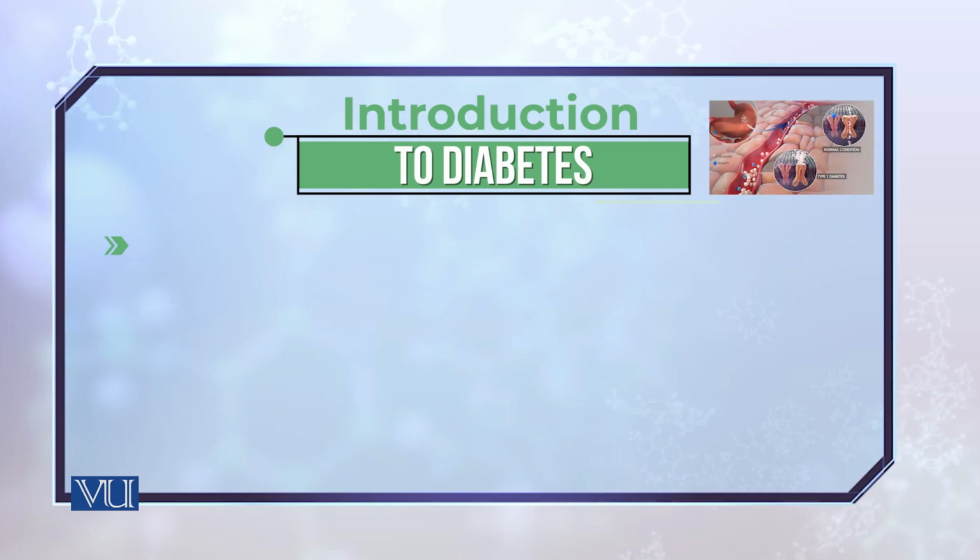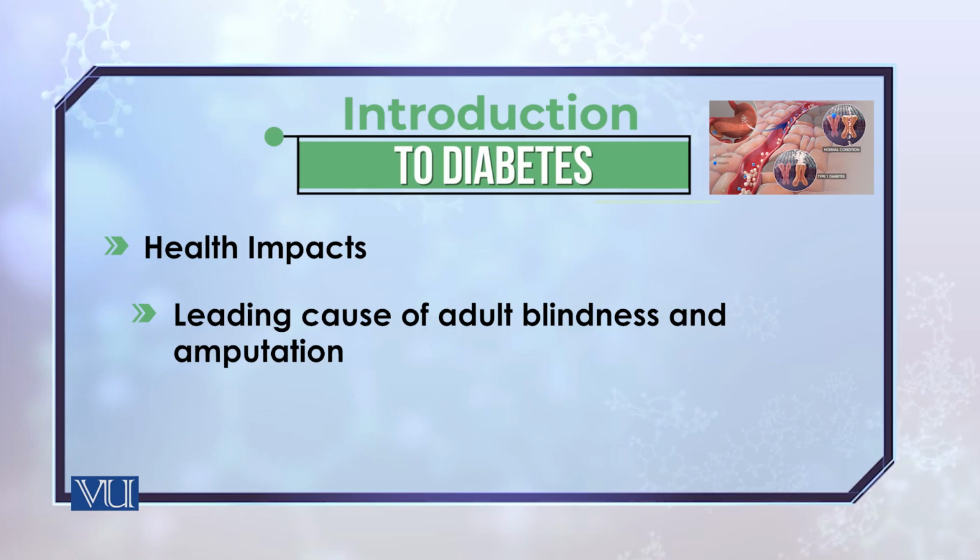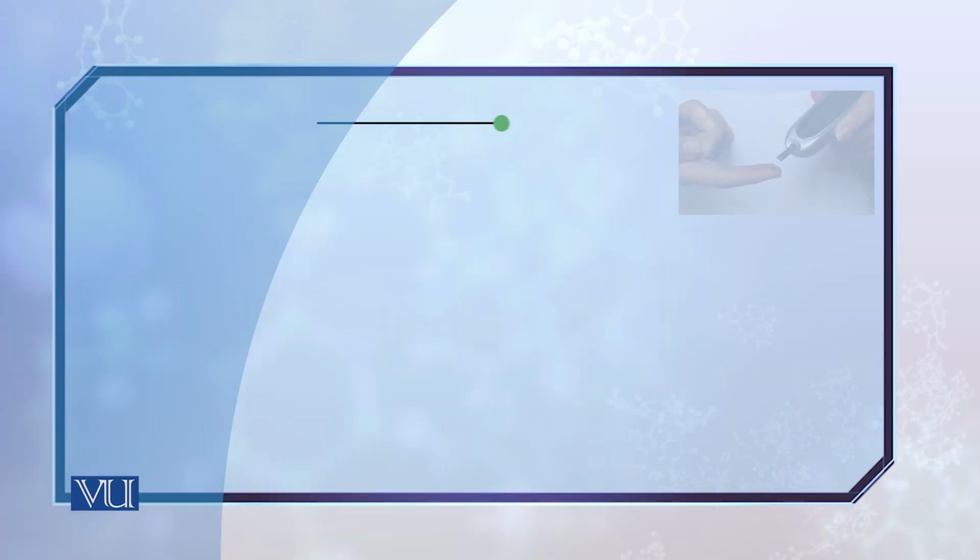One of the major consequences of long-term diabetes is adult blindness and amputation. You have to, at the end of the day, get rid of your important limbs because they have become so much inflamed because of diabetes. There are two types of diabetes.